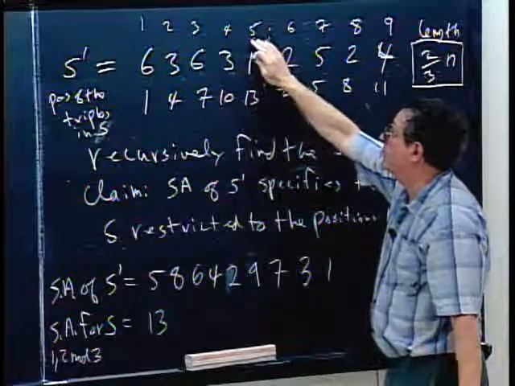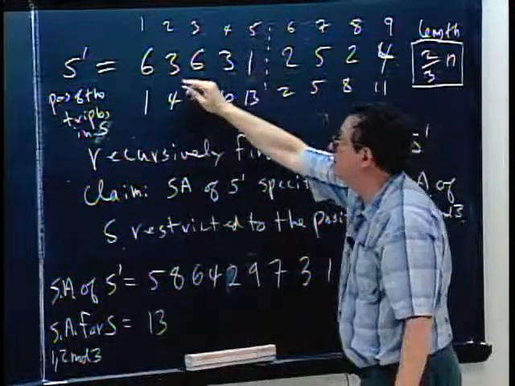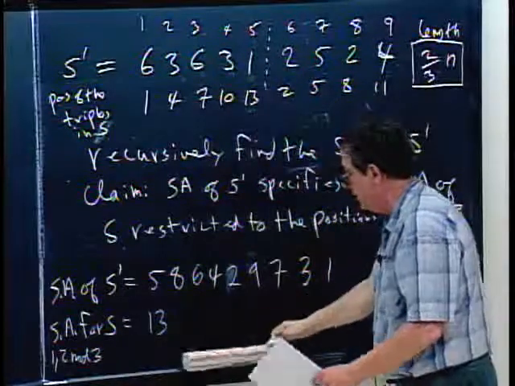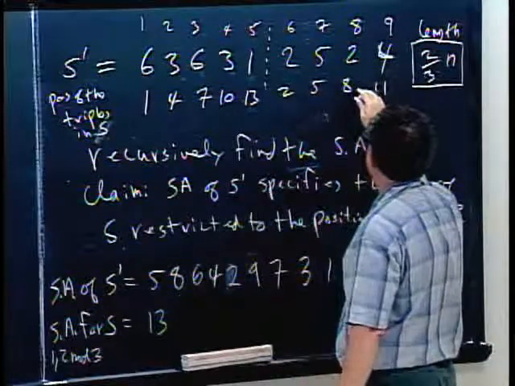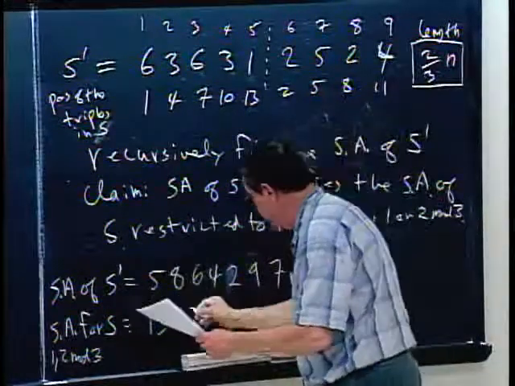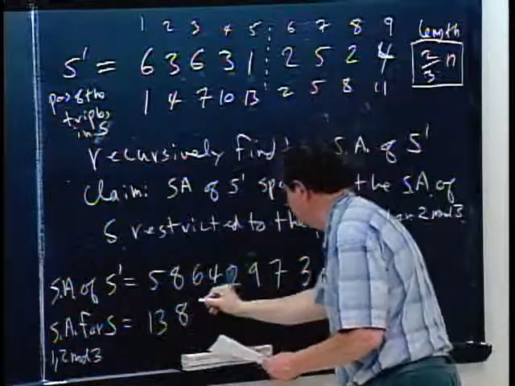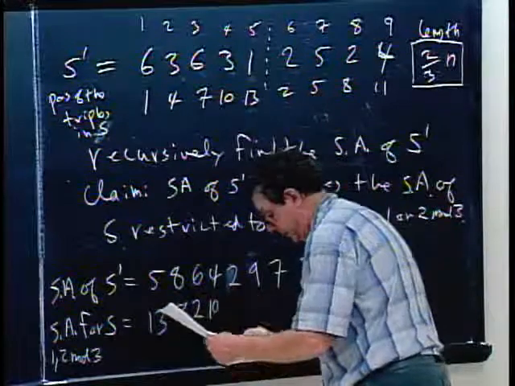Anyway, this corresponds to this one. Okay, and 8 corresponds to 8. Isn't that lucky? And 6 corresponds to 2. Okay, and so on. Hopefully everybody sees what I'm doing.